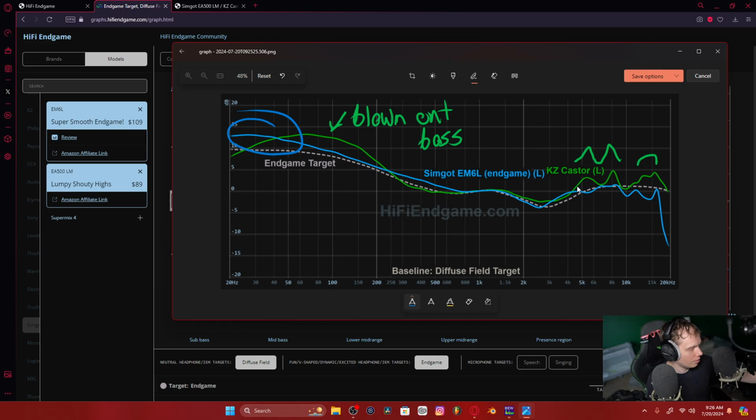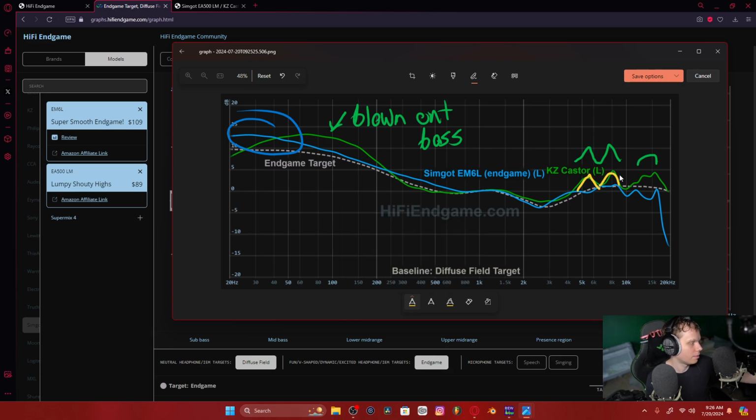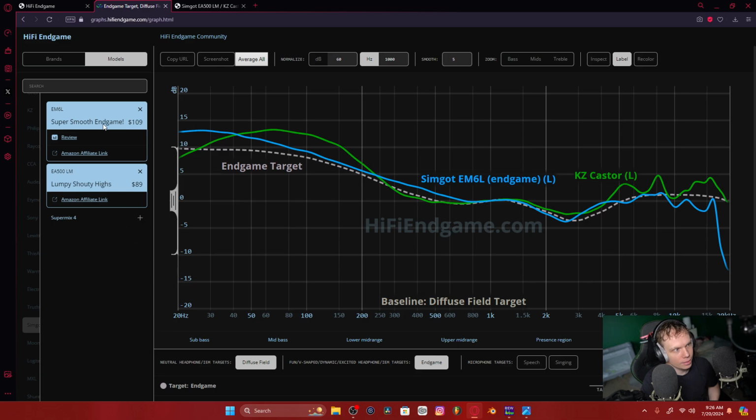Meanwhile, there are things that are actually a big issue, like, okay, why are these peaks a problem when this smooth boost is not a problem? Well, these peaks are extremely fatiguing and shouty and terrible. It's really bad, really bad. I've experienced it on the EA500LMs.